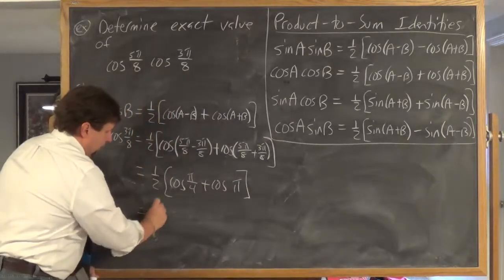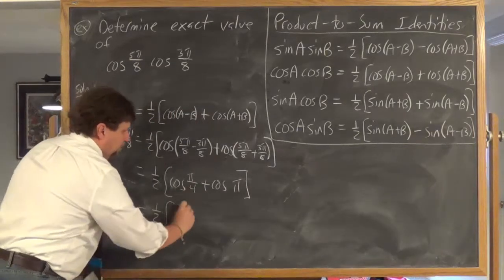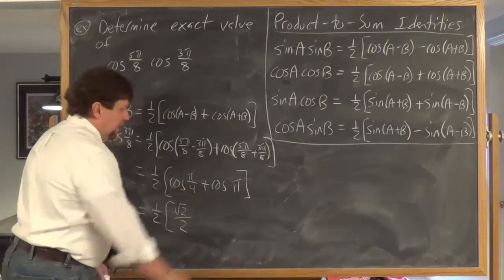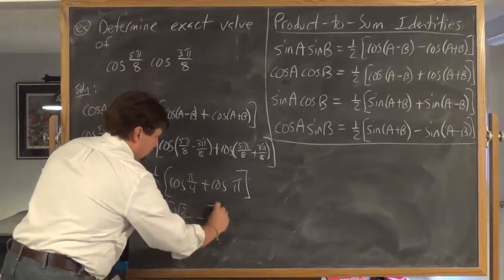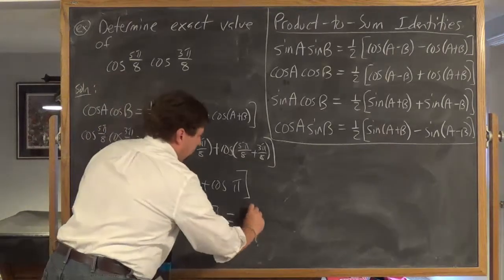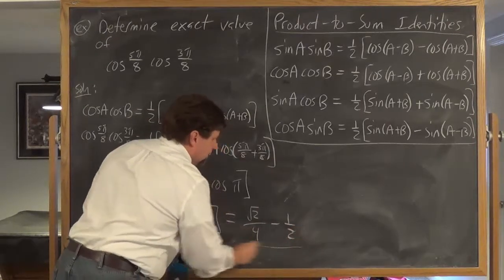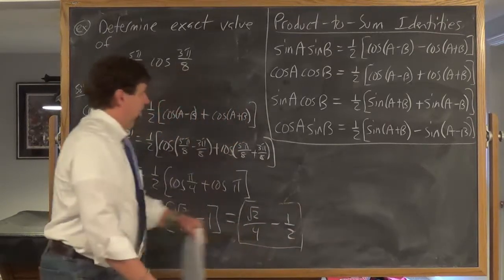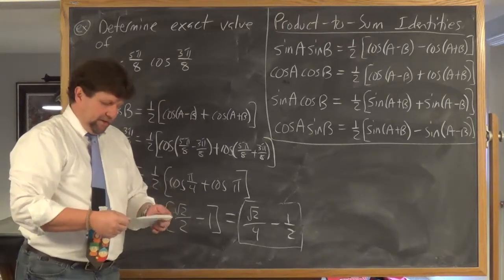Now just using our knowledge of the unit circle, cosine of pi over 4 is square root 2 over 2. Cosine of pi is -1. And if I distribute the 1/2 on through, I get square root 2 over 4 minus 1/2 as being the exact value of cosine 5 pi over 8 times cosine 3 pi over 8.